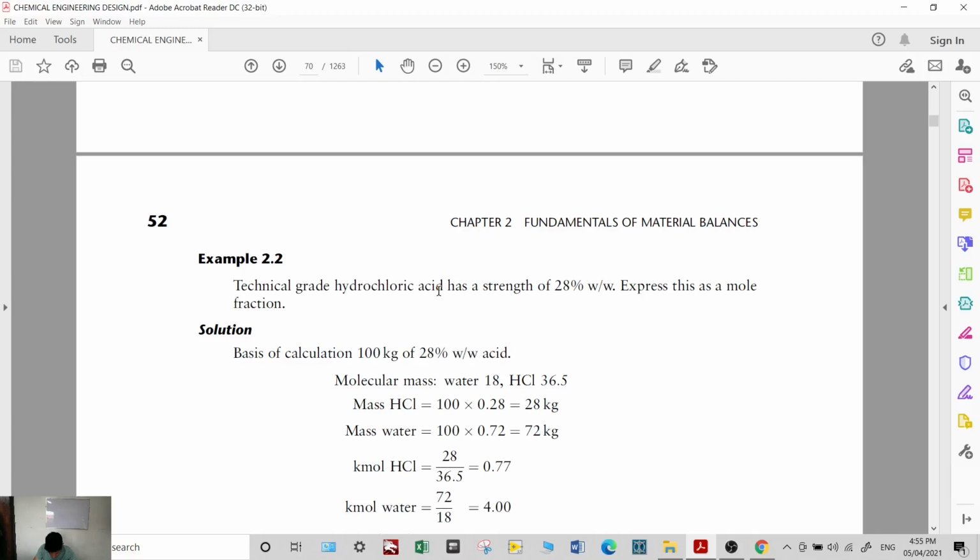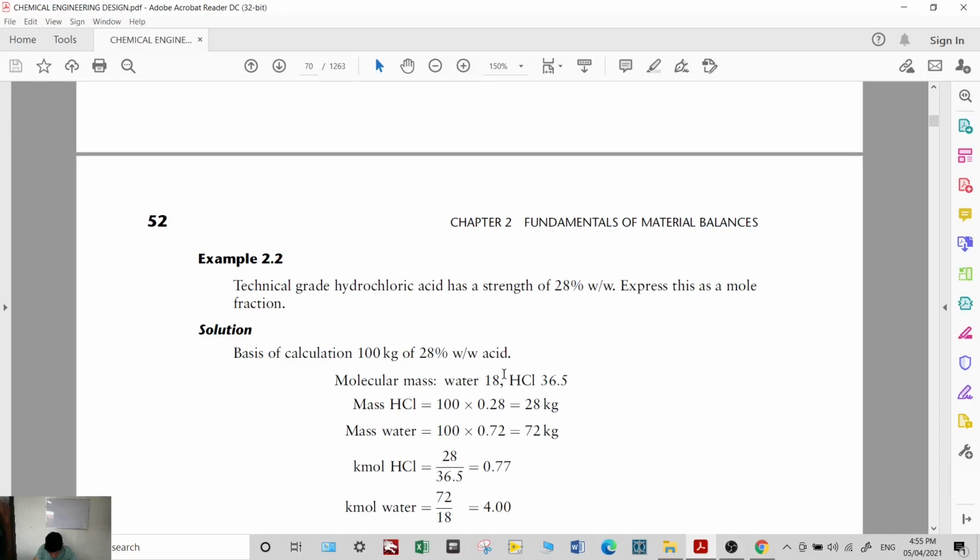So we need to convert this 28% hydrochloric acid. Again, the basis for that is you assume a 100 kilogram solution. So the mass of hydrochloric acid for a 100 kilogram solution would be 28 kilograms, and for water would be 72 kilograms. And then you divide that by the molecular weight.